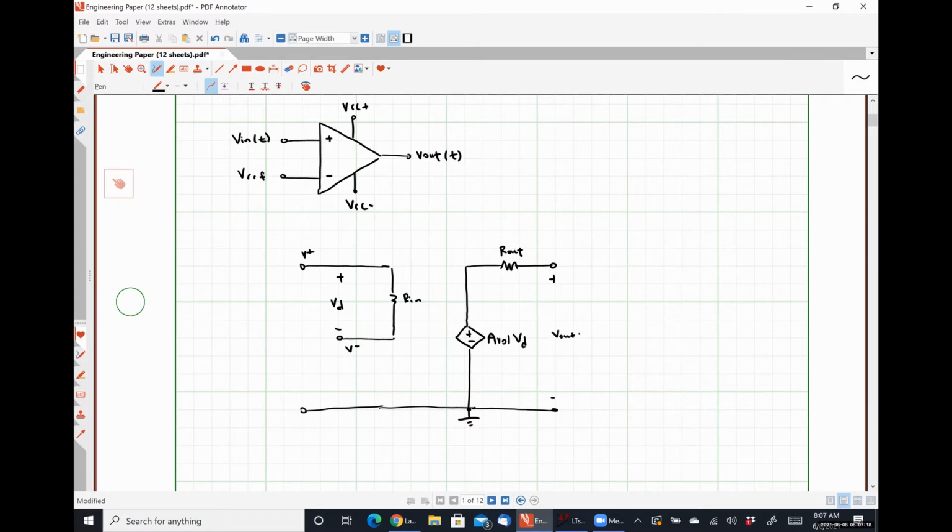So here is where Vout of t is. Between the inverting input terminal and ground, we have our voltage Vref. So I'm going to put in a DC voltage source, Vref, like so. And between our non-inverting input terminal and ground, we have our input voltage source, Vin of t.